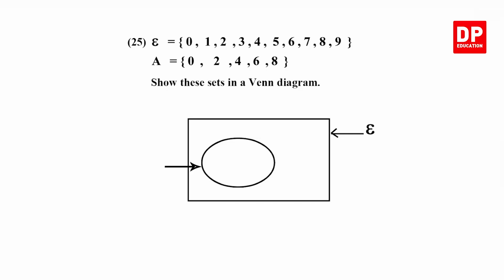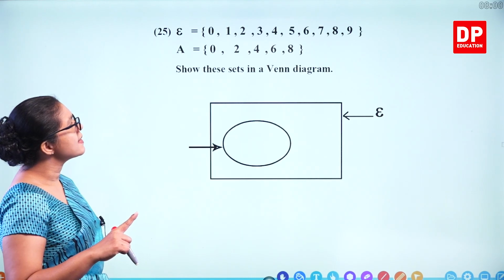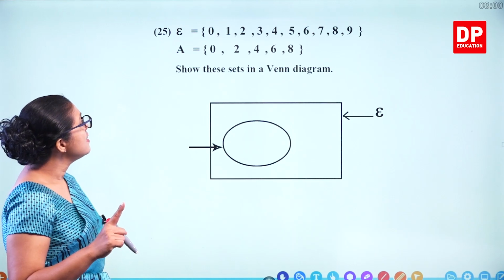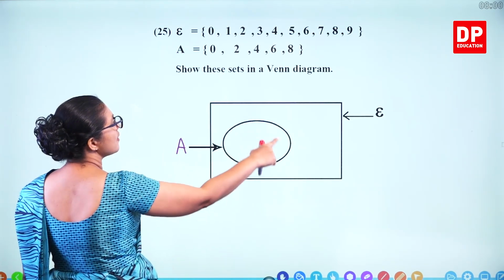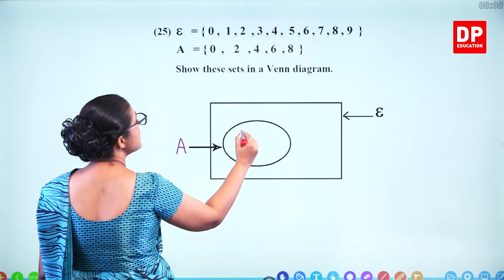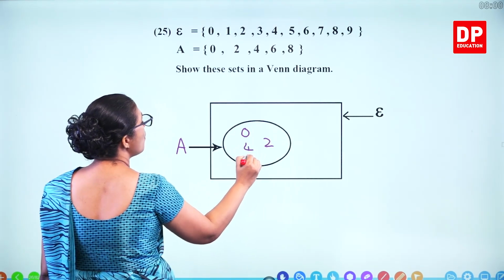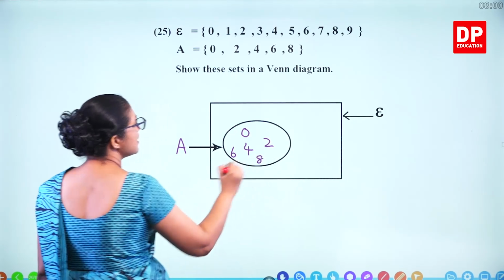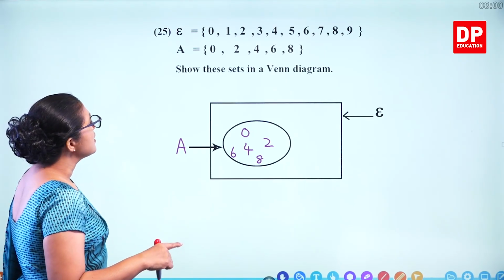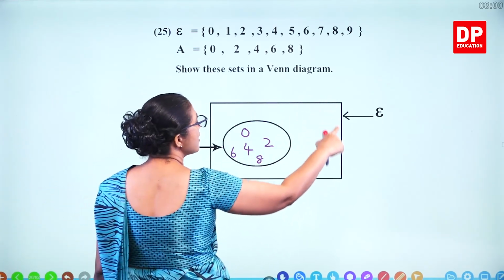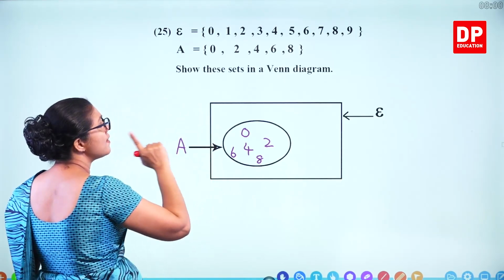Look at this one. Epsilon, the universal set, is given as 0, 1, 2, 3, 4, 5, 6, 7, 8, 9. A is 0, 2, 4, 6, 8. So if this is A, this represents A, with 0, 2, 4, 6, 8 inside the circle, the closed figure. But we know the rectangle represents the universal set.